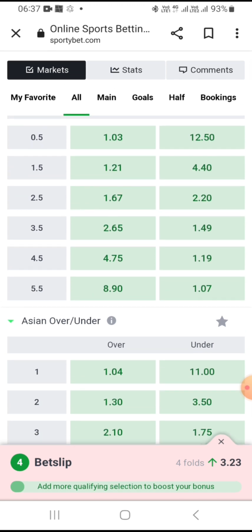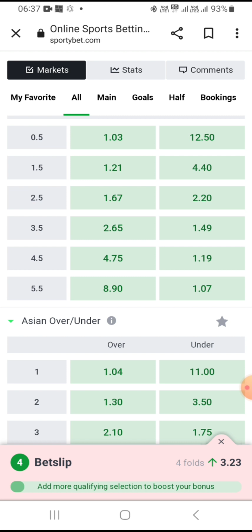Now 2.5, the same thing goes. At least 3 goals, approximation, at least 3-0. If they play 2-1, you got it. If they play 3-0, you got it. That's the number of goals needed. But if they play 2-0, for example, in this game, you failed it.